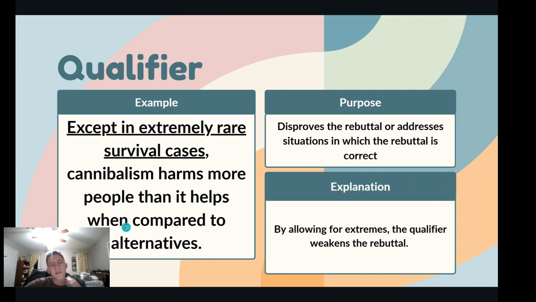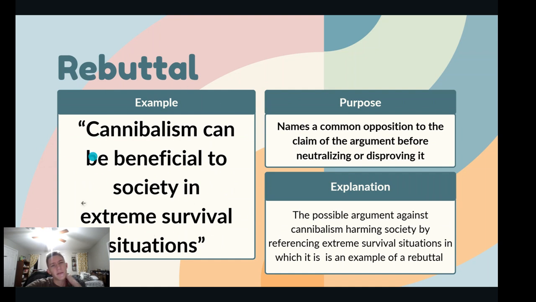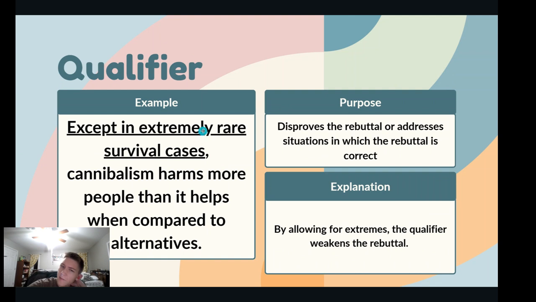So this is connecting it back to our claim, but then it's also adding a specific modifier that lets us say that this rebuttal is valid, but not in the situation that we're talking about, and only in very specific rare cases. So we effectively discredit that, and that was our purpose, to disprove the rebuttal or address it in situations in which the rebuttal is correct, and emphasize that it isn't exactly this one.